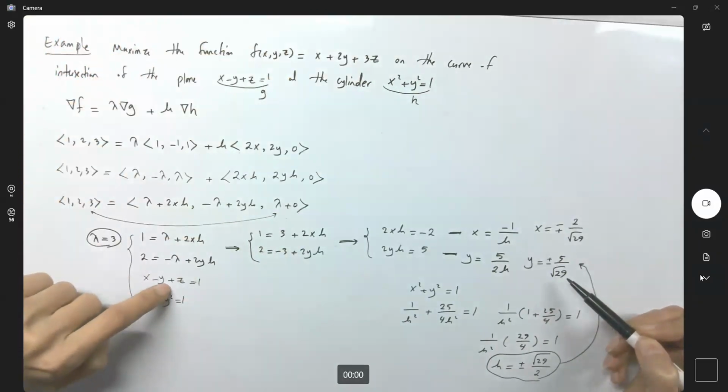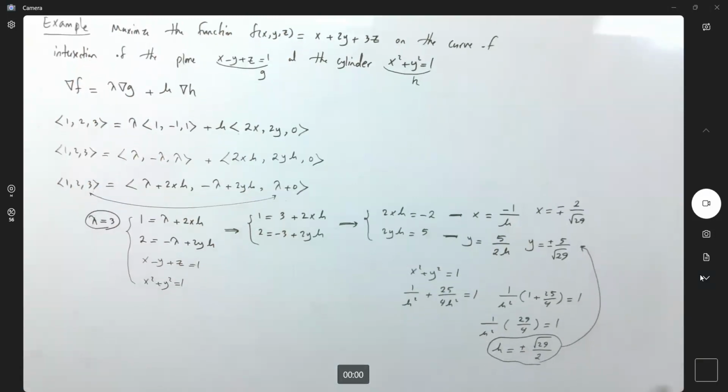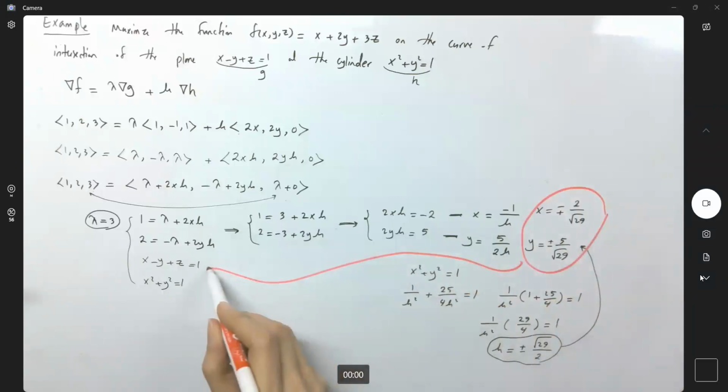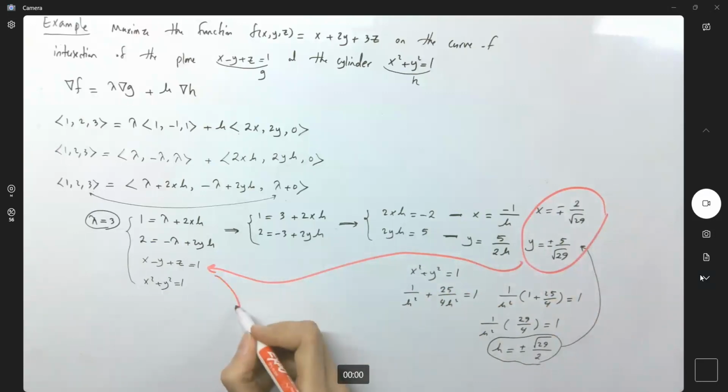I'm going to use this equation right now. So now you have your x and y values, and you're going to plug those into this equation here to find your z. Pretty much all you do is algebra.